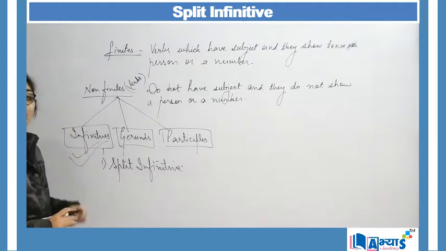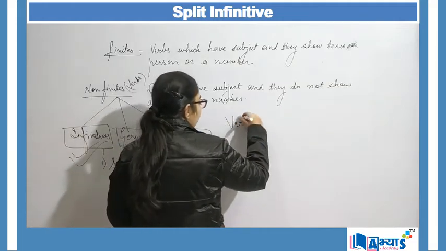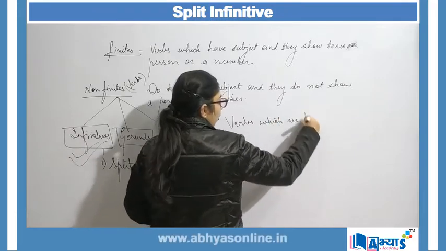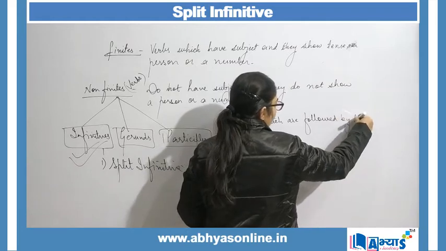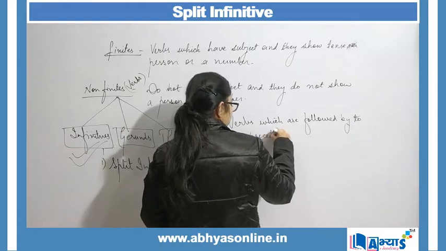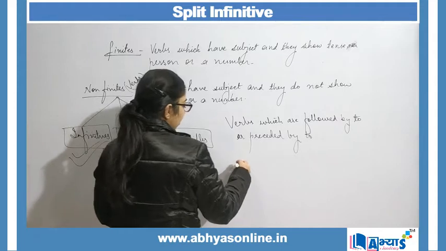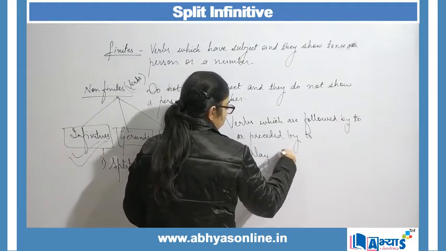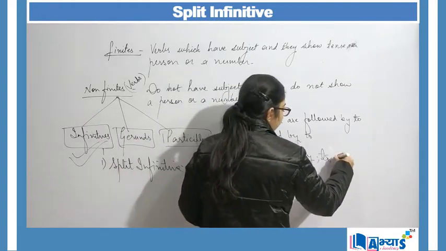Now let us understand the definition of infinitives. Infinitives are all those verbs which are followed by to or preceded by to. For example, to play, to obey, to understand.